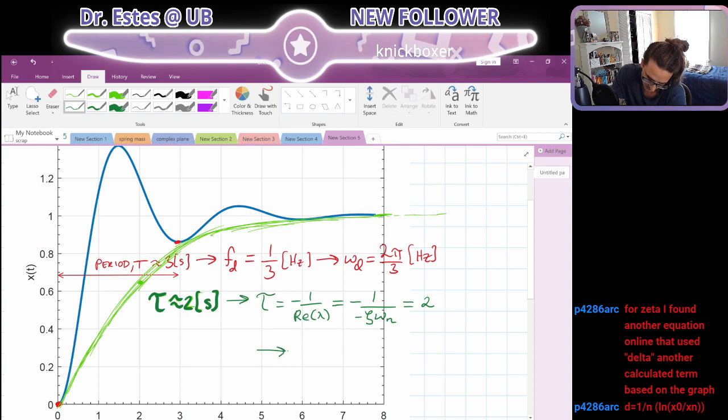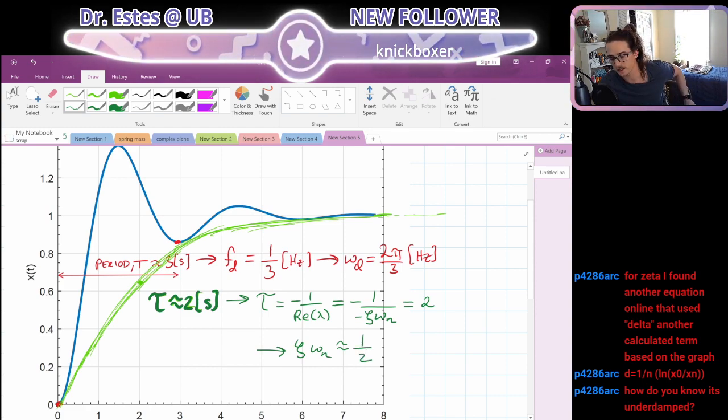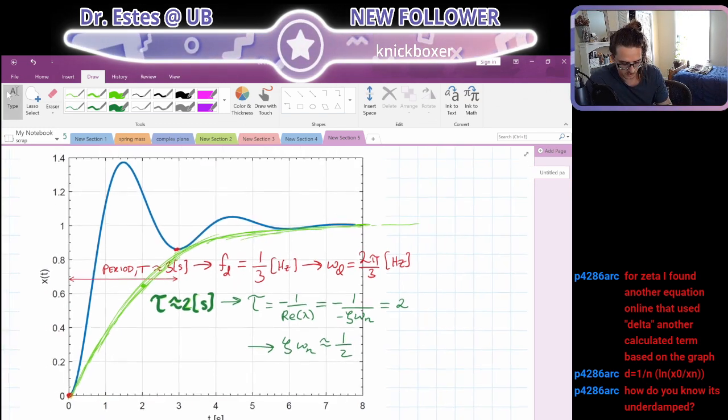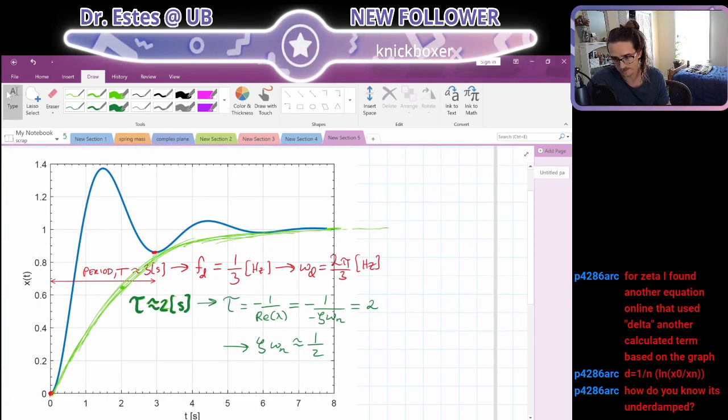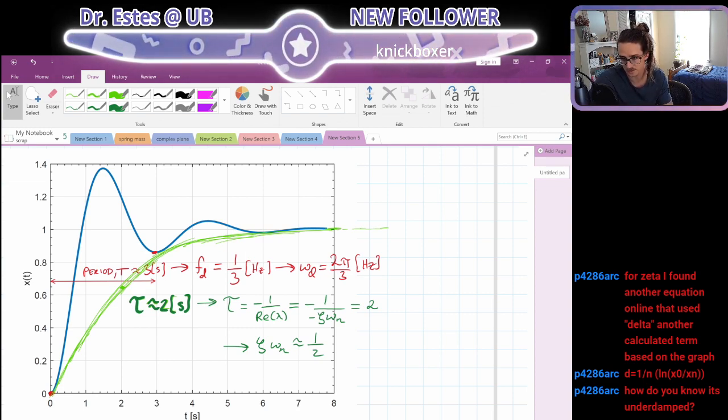That means that zeta omega n is approximately equal to 1/2. How do I know it's underdamped? Because the graph has decaying sinusoids. The only type of second order system that produces decaying sinusoids is underdamped.